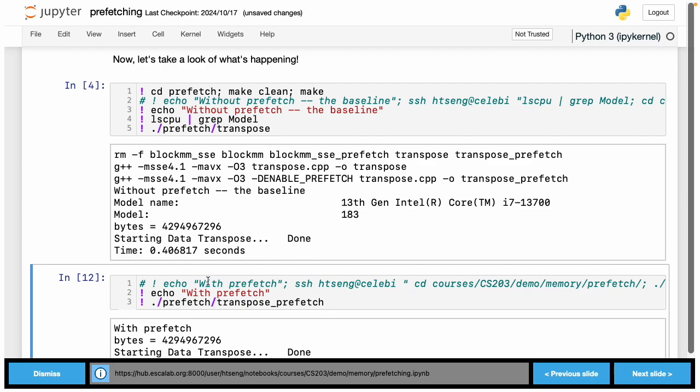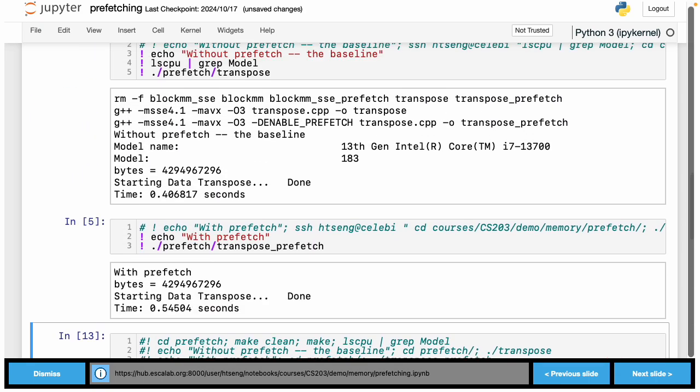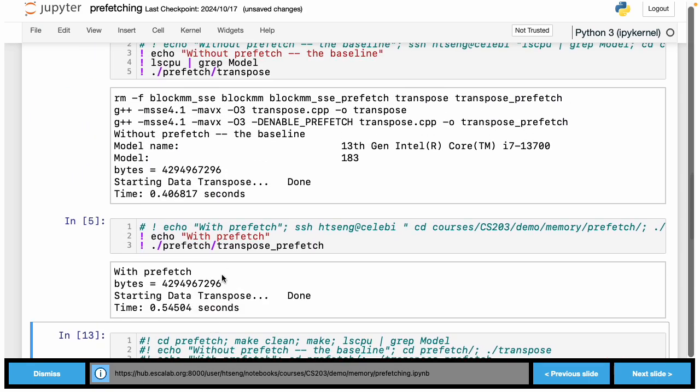Without prefetching, it takes 0.4 seconds to perform the matrix transposition. So you know that the matrix transposition is actually not that slow. But if we could have an optimized prefetching, okay, it doesn't work for this one.